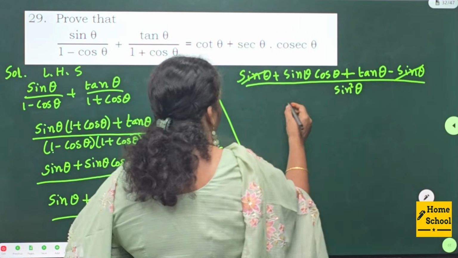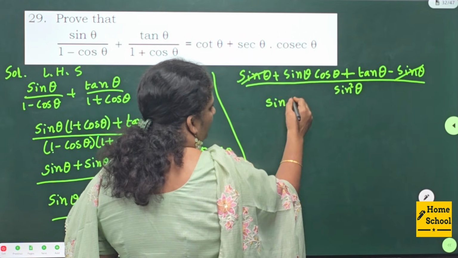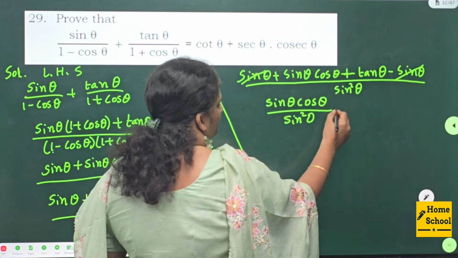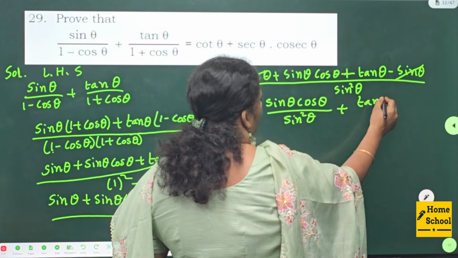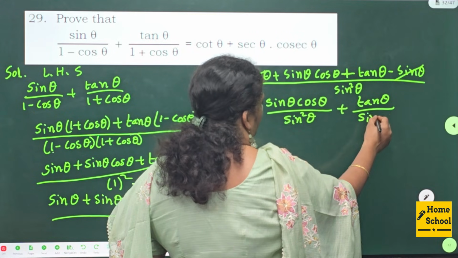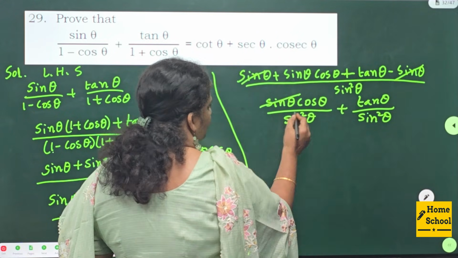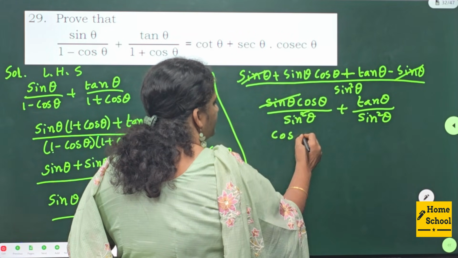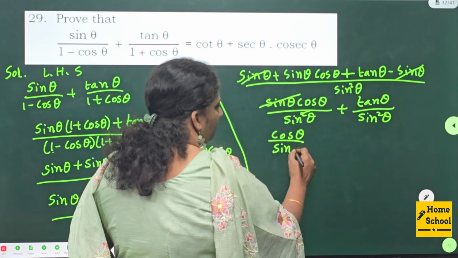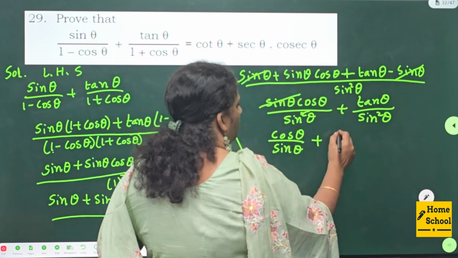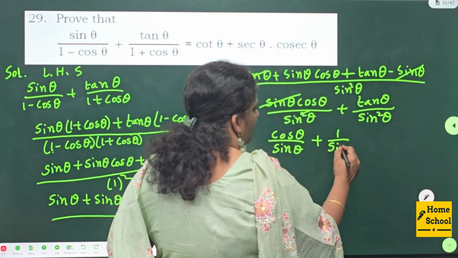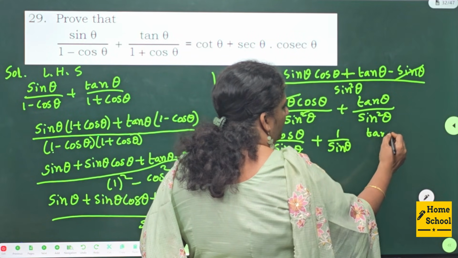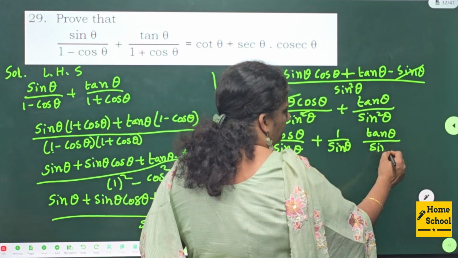Now split this for the denominator: sin theta cos theta by sin square theta plus tan theta by sin square theta. One sin theta cancels, you are left with cos theta by sin theta plus 1 by sin theta, and one more sin theta I will split for tan theta by sin theta.